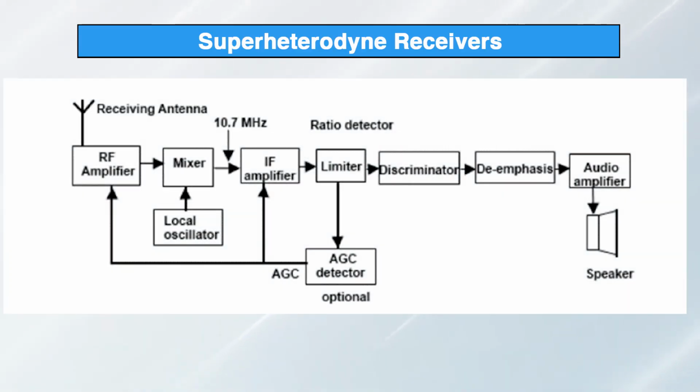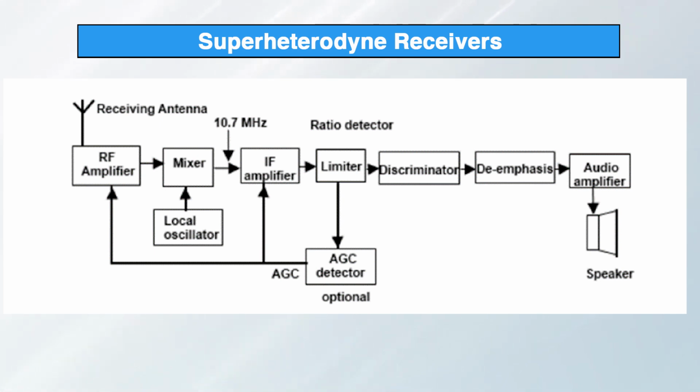Now, we will extend our discussion on the superheterodyne receiver a little further. Previously, we discussed an AM superheterodyne receiver. A slight modification in the AM superheterodyne receiver makes it an FM superheterodyne receiver. Here is the block diagram of the FM superheterodyne receiver.